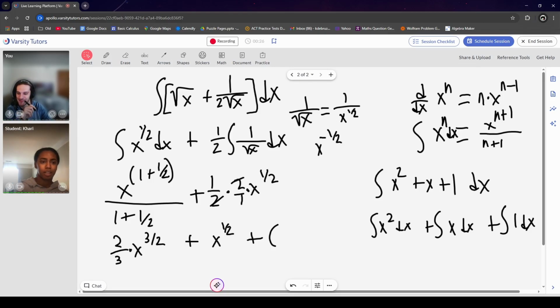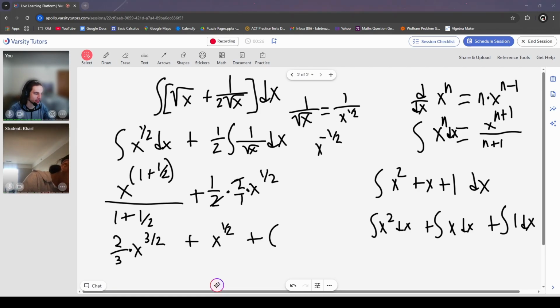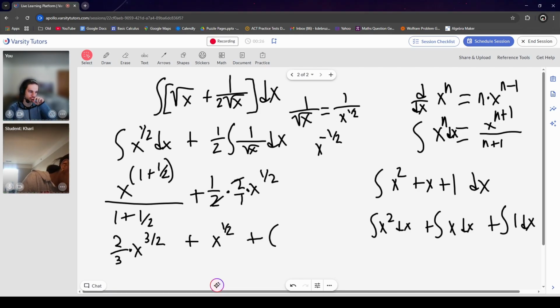And combine. Okay. Yep. You've got to add your plus C. If you're doing an indefinite integral, you can stop here. But if you're doing a definite integral, then you would have to apply the bounds, and then you'll get a number. Yep. So that's it.